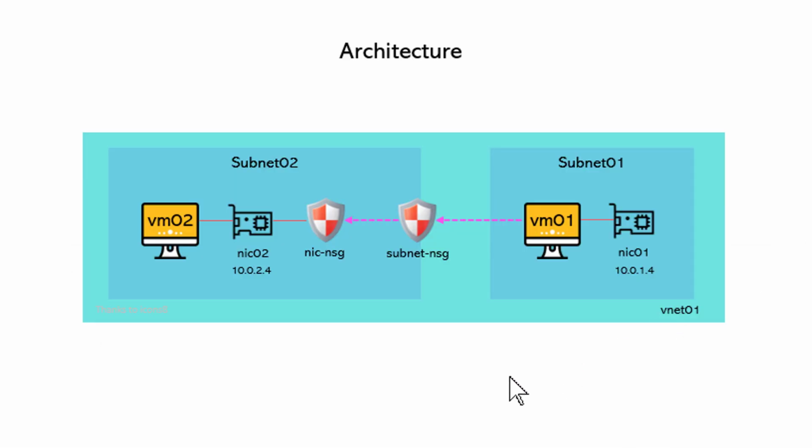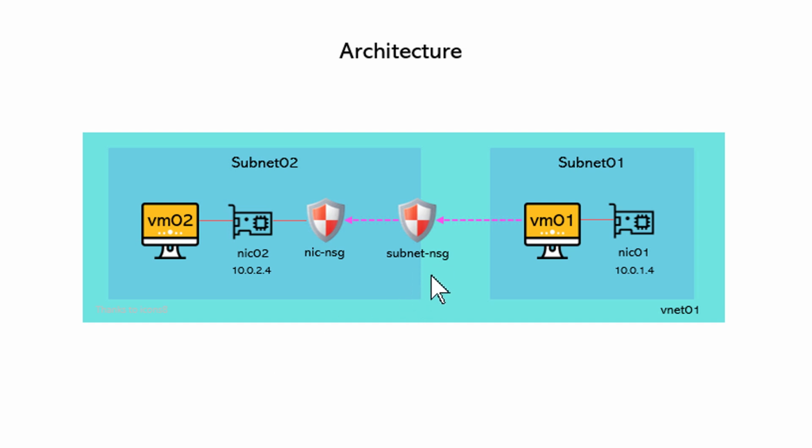Before proceeding, we also need to understand how the NSG rules will be processed when any communication comes from VM01 to VM02. Suppose VM01 is trying to communicate to VM02. First, the security rules in the NSG associated with the subnet will be processed.